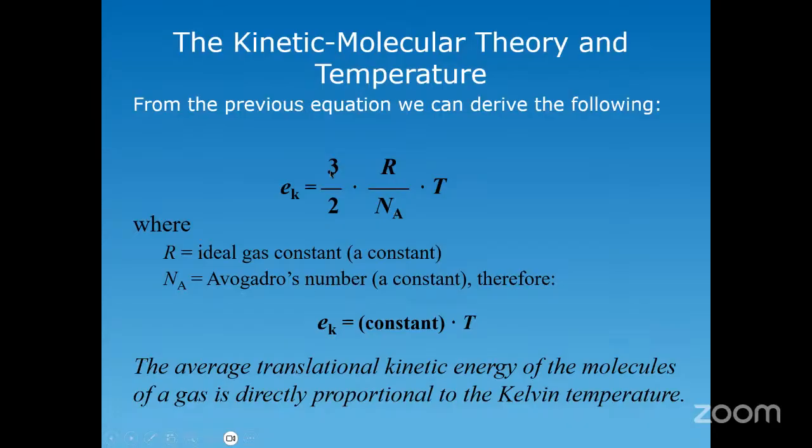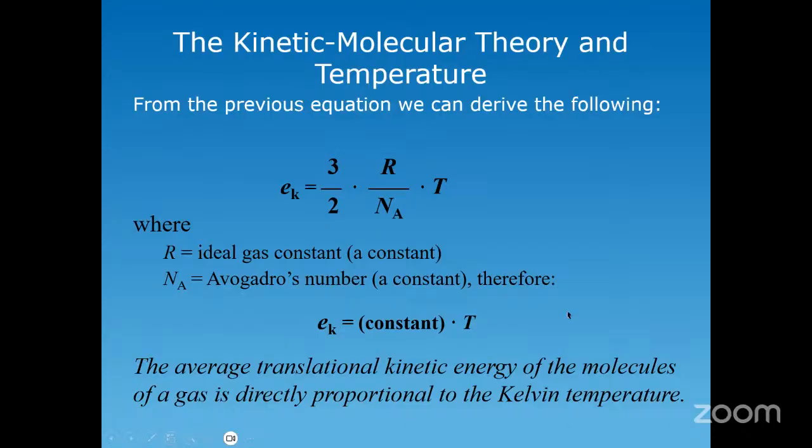So basically we have a constant divided by a constant multiplied by 3/2, which is another constant. So we can simplify this equation by writing it this way. And this EK here represents the average kinetic energy. So basically, what this equation is telling you is that the average kinetic energy of the gas is equal to a constant times temperature. So there's a direct relationship between the temperature and the average kinetic energy.